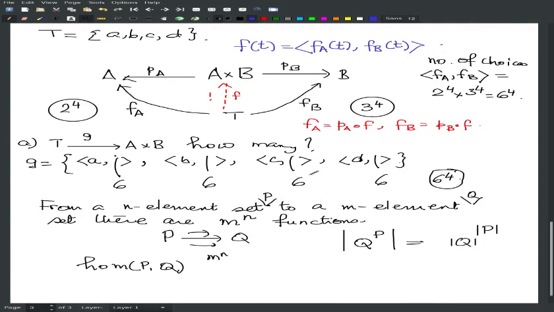So that is the first bit that I want to emphasize. It is not saying that there exists one function between T to A cross B, but there exists one function satisfying both these two equations. That is the first part. Now, let's see some trivial cases where I am going to use this observed fact again and again.